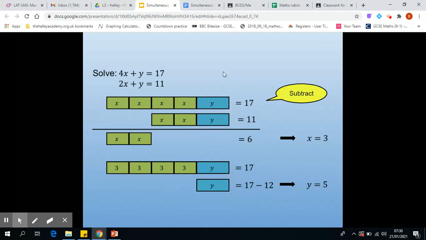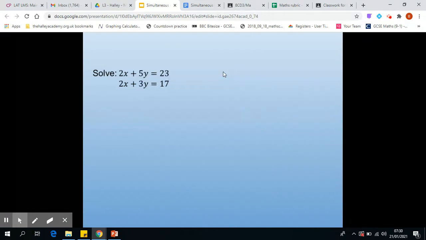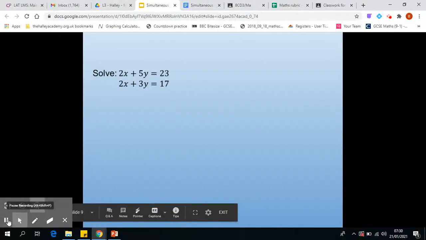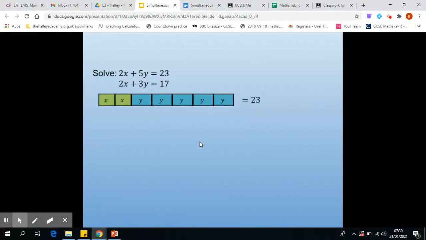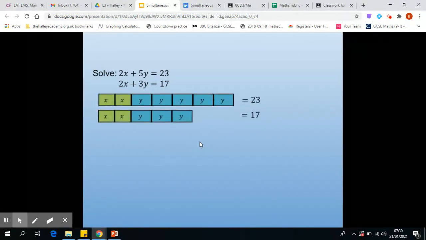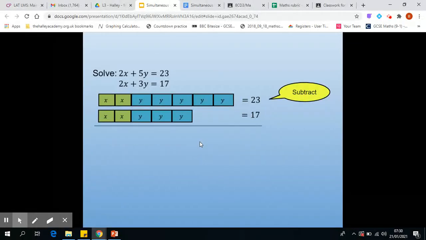Using this as an example, please attempt this question on a piece of paper or an exercise book. Press pause now. Here are the answers. I represent them as a bar. Remember, I'm subtracting them. Aligning them in the same position is very important.